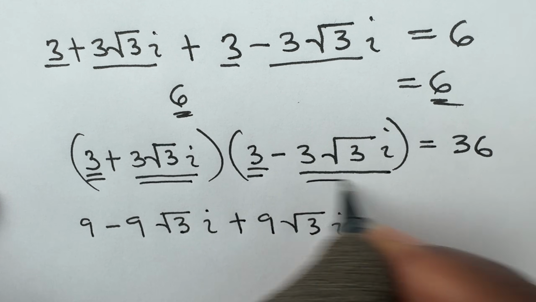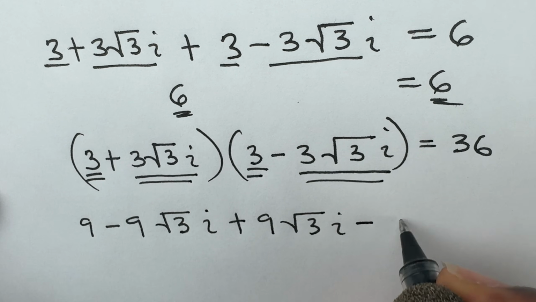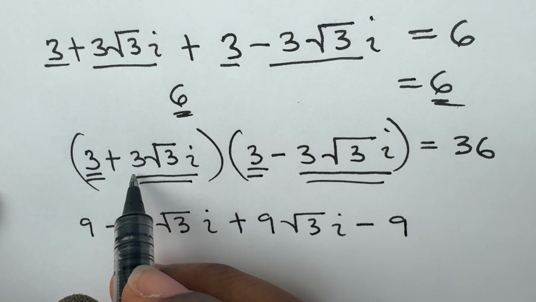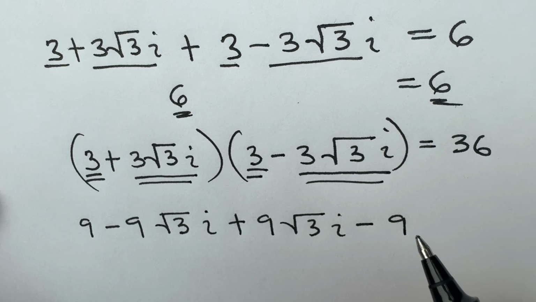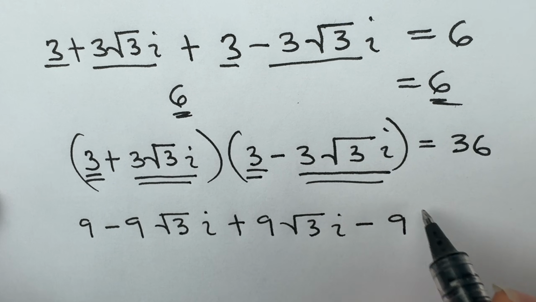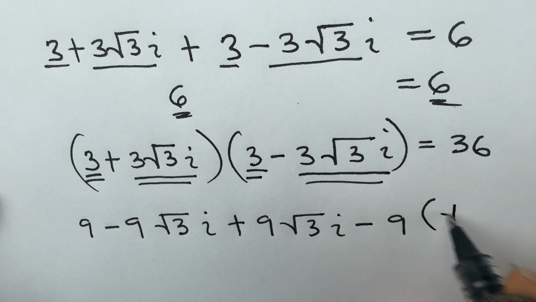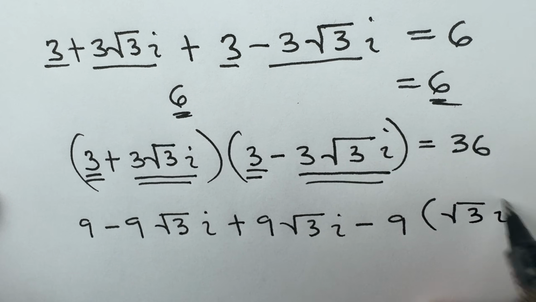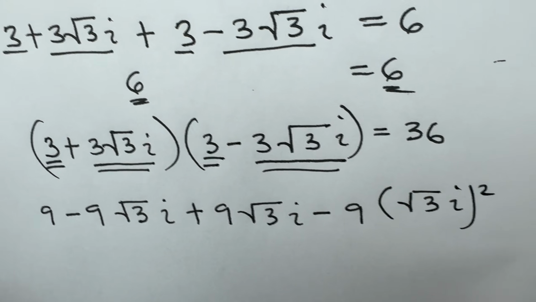And then this times this will give us minus 9 into brackets, both of these root 3i squared, to give us 36.